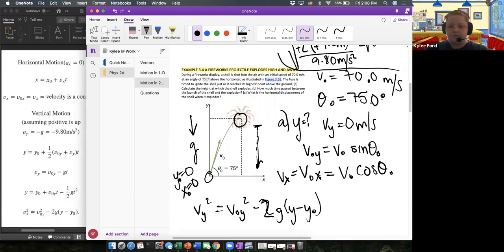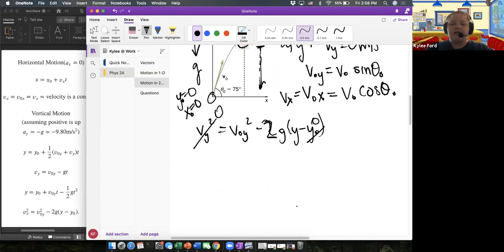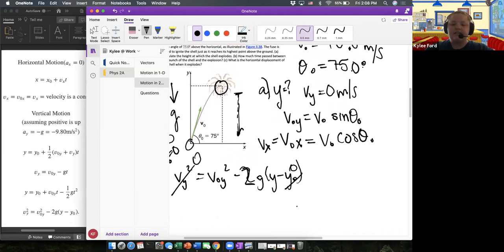My Vy at that peak is 0, so that's gone. My starting point of y is also 0, so that's gone too. Now I just have to plug in a couple more things.